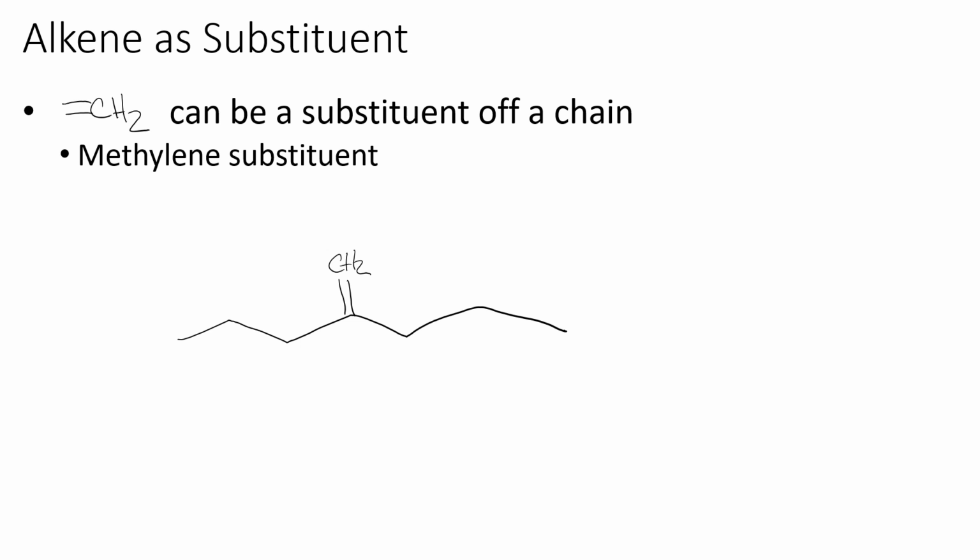Since it's at the end, it's a terminal CH2. We can name this as a substituent instead. So the way that I would actually name this structure would be 4-methylene heptane. So this allows me to stick with the longest carbon chain if it is just a small CH2 unit coming off. It becomes the methylene substituent.